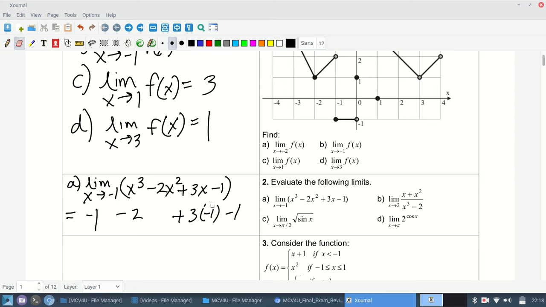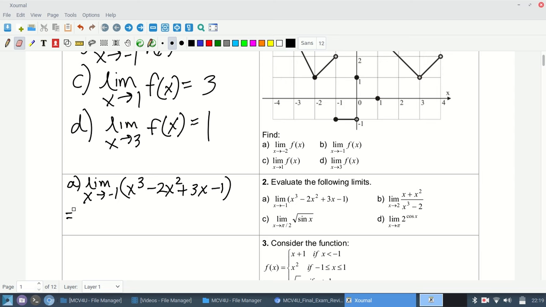This becomes -3, because a plus and a minus make a minus. And we've got -1. So -1 minus 2 minus 3 is -6, minus 1, -7. So the answer to the first question is -7. I'm going to erase this and proceed to the next part.